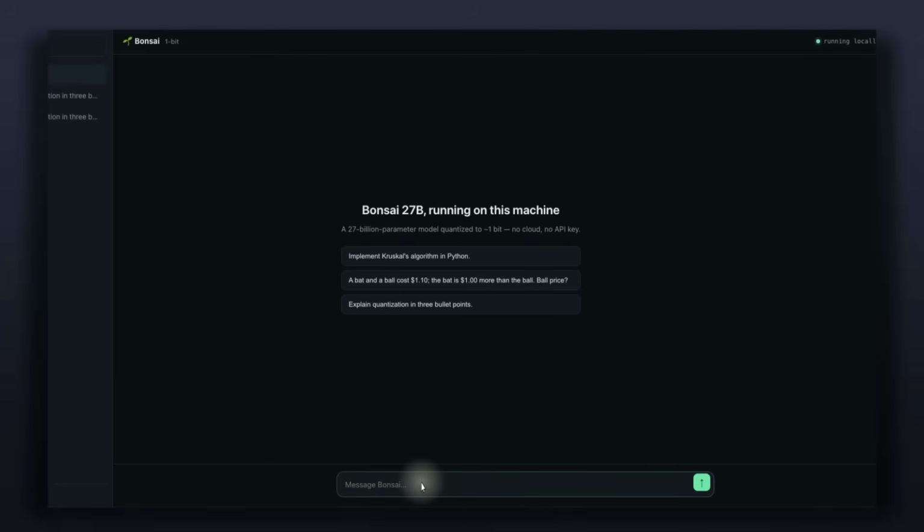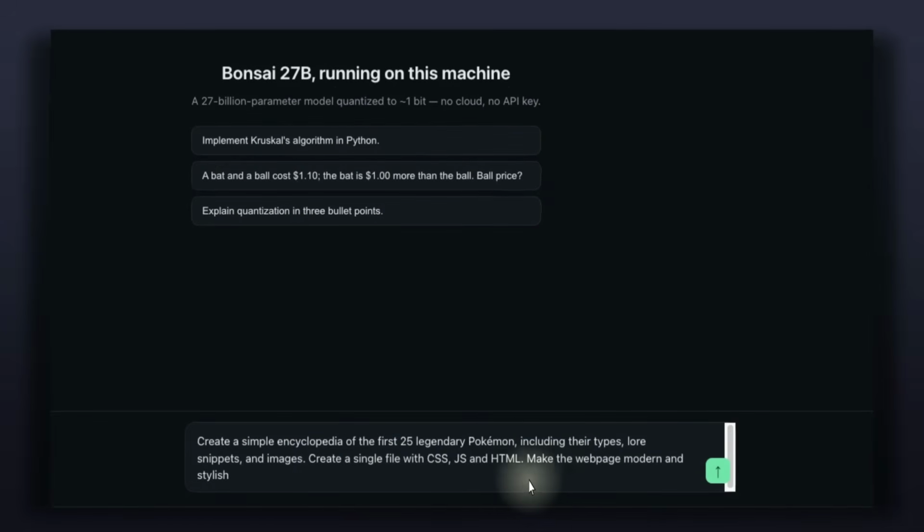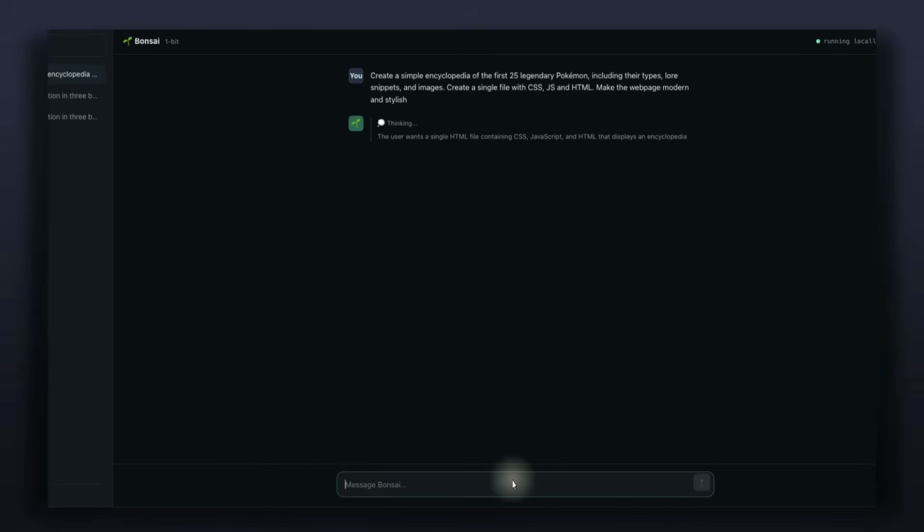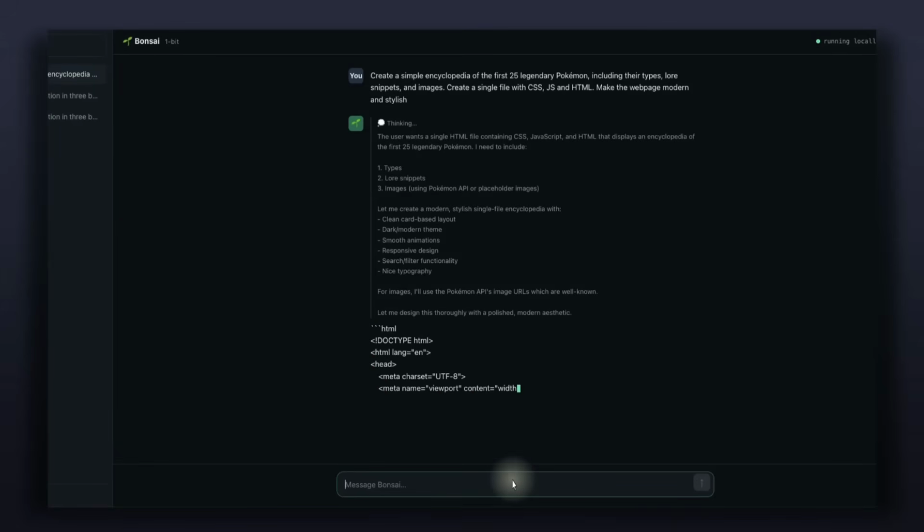Now, next I'm going to ask it something more serious. Right now I'm asking it to create a simple encyclopedia of the first 25 legendary Pokemon, including their type, lore snippet, and images. Let's see how much knowledge it actually has. Again, we're going to look at the speed of generation, and again we're getting around 30 tokens per second.